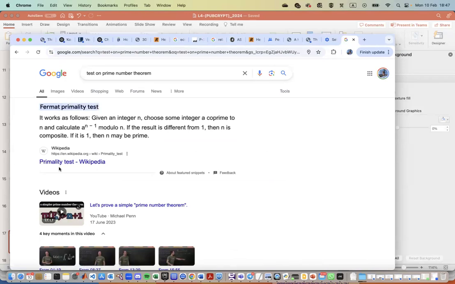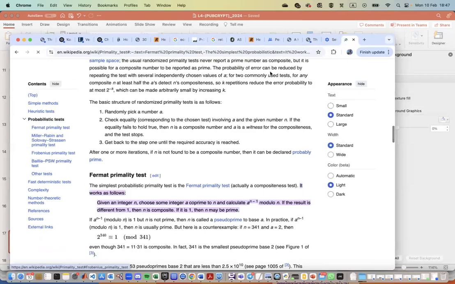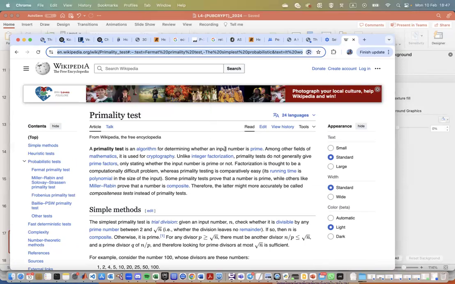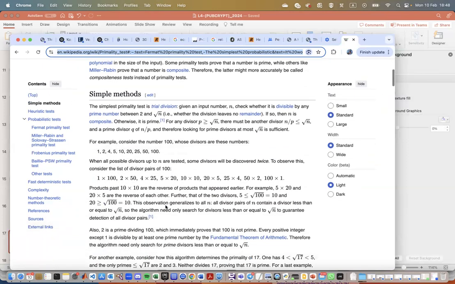Yeah, it's a Fermat primality test. So if you go here, let me just post it in the chat. Yes, and that is normally how it is done. You apply this shortcut for this.